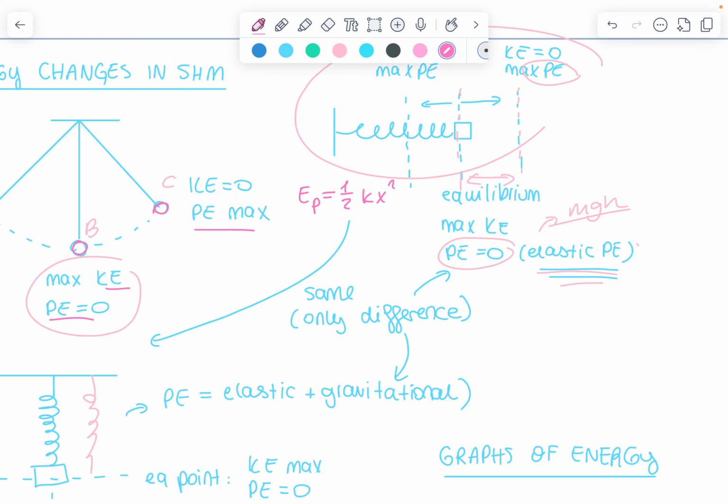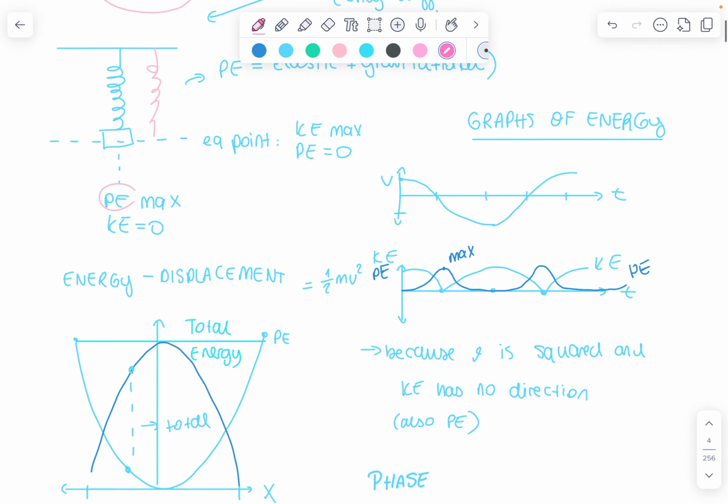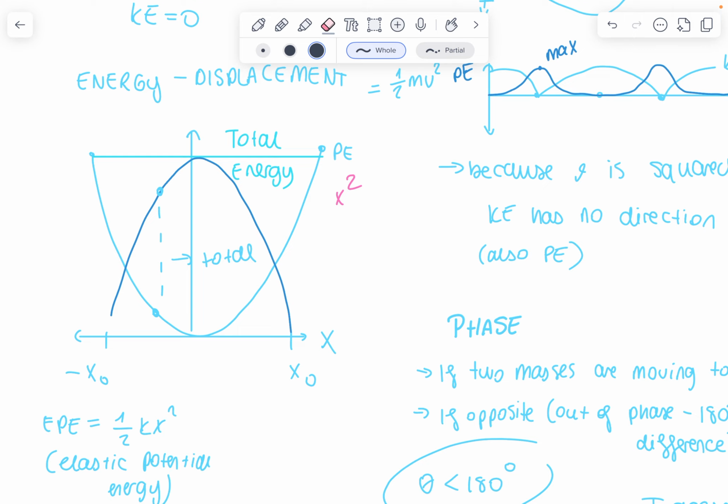So if we look at the energy displacement graph, potential energy forms a U shape because it depends on x squared, so it's always positive. However, kinetic energy does the exact opposite, so it is maximum at equilibrium and minimum at maximum displacement. But the total energy stays constant throughout the entire motion. As you can see here, this is the total energy.